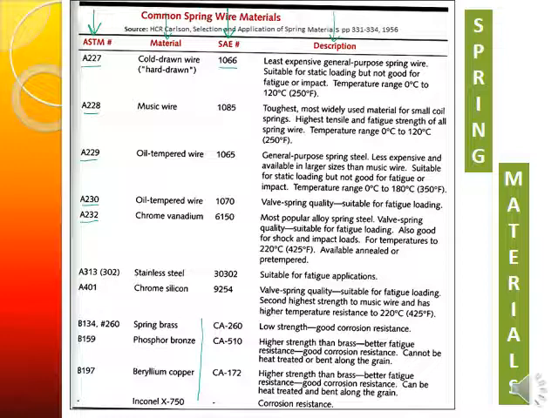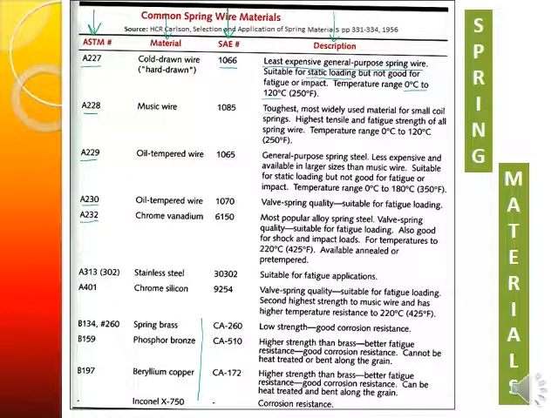So the first one, if you read it, it says A227. It's not expensive. It's a general purpose spring wire. It is suitable only for static loading, and the temperature in which it works is 0 to 120 degrees centigrade. You look at A228.